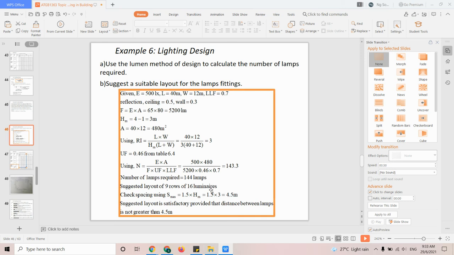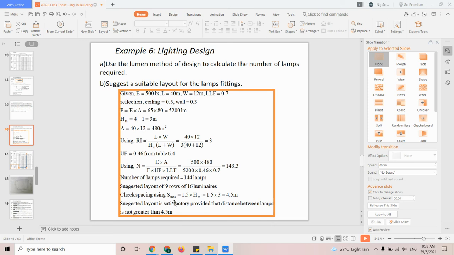To provide a layout that satisfies the number of lamp required and also the spacing, we can suggest any number of rows or columns of lighting where the spacing is not more than 4.5.